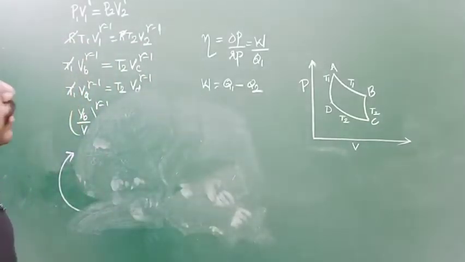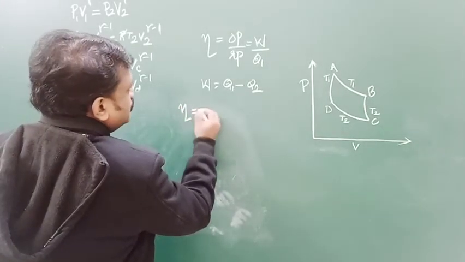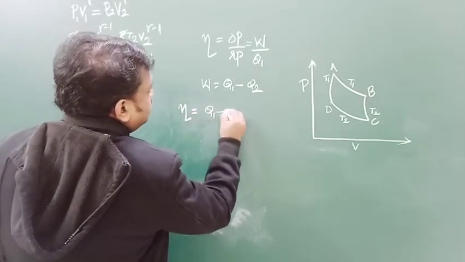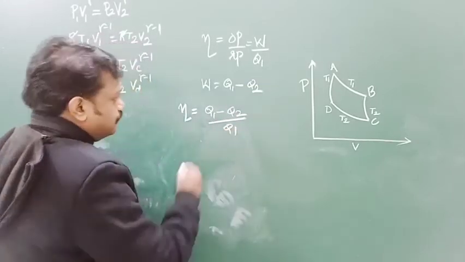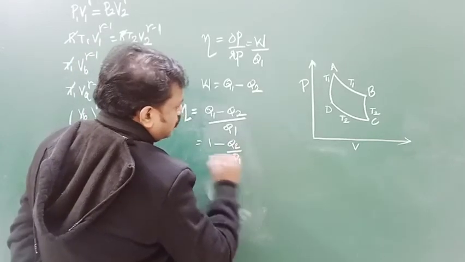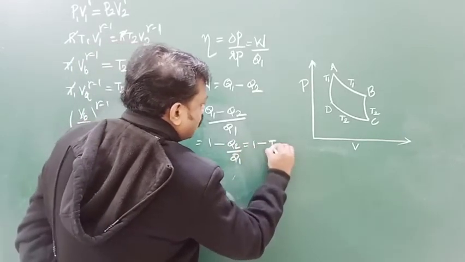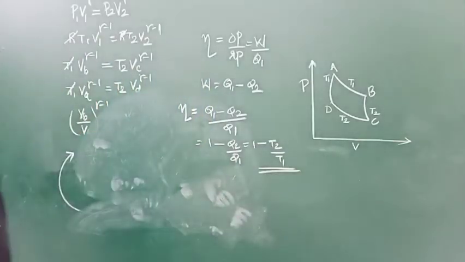So W is equal to Q1 minus Q2. So eta is equal to (Q1 minus Q2) divided by Q1, which is equal to 1 minus Q2 by Q1, which is equal to 1 minus T2 by T1.